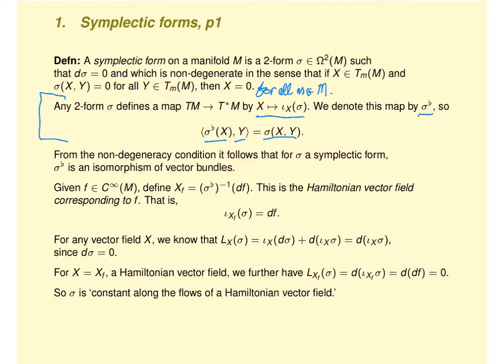Now, back to symplectic forms. From the non-degeneracy, it follows very quickly that sigma flat is an isomorphism of vector bundles from TM to T star M. And this probably reminds you of Riemannian geometry, where you raise and lower indices using the metric. There are some resemblances between the basic setup of symplectic geometry and the basic setup of Riemannian geometry.